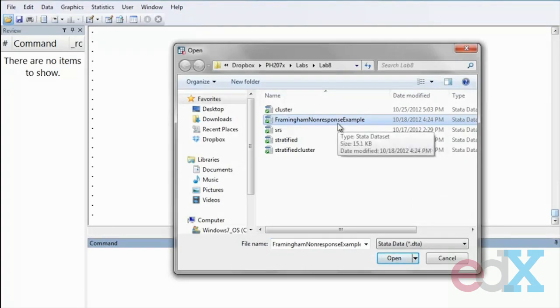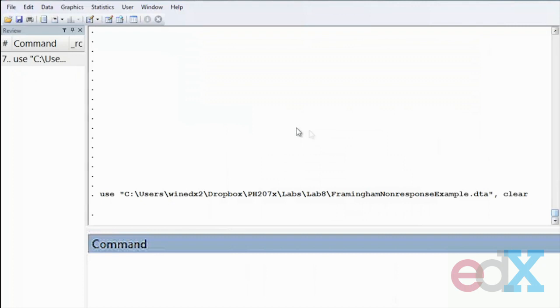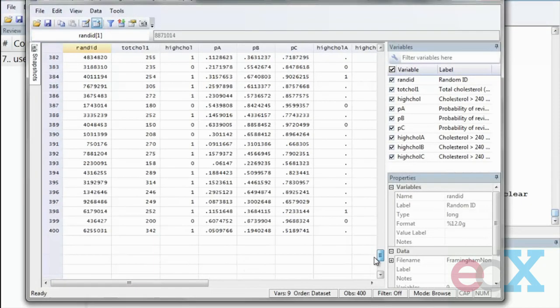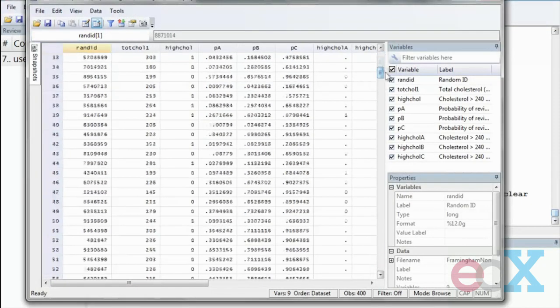The data set we're going to use in this example is the Framingham non-response example data set, contained on the web page that you see. This is a data set that I made up.